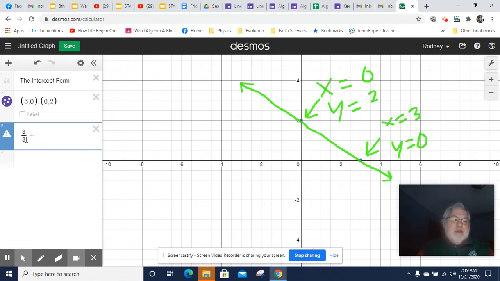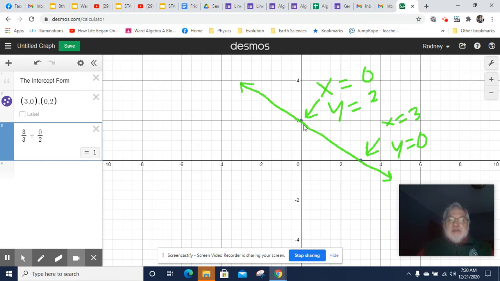Well, x is 3, and the x-intercept is 3, so we're saying 3 over 3. But how about y over the y-intercept? The y-intercept is 2, but at the x-intercept, y is 0. So we would say 0 over 2. And that equals 1. Fairly straightforward, 3 over 3 equals 1.